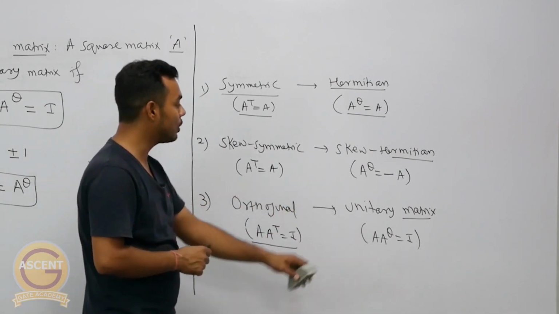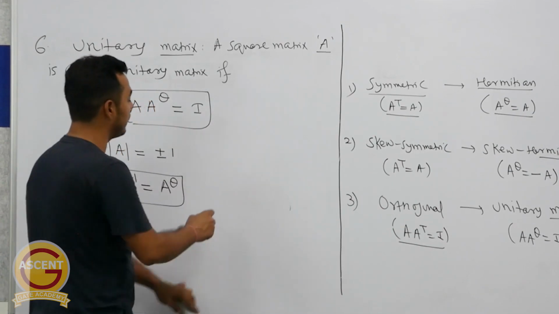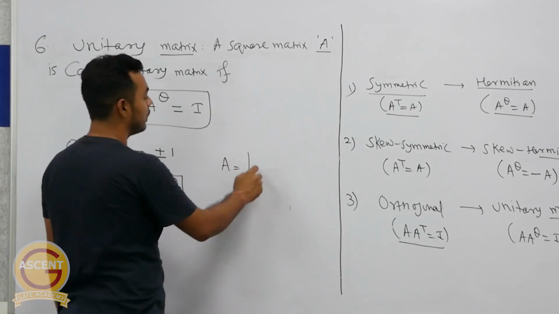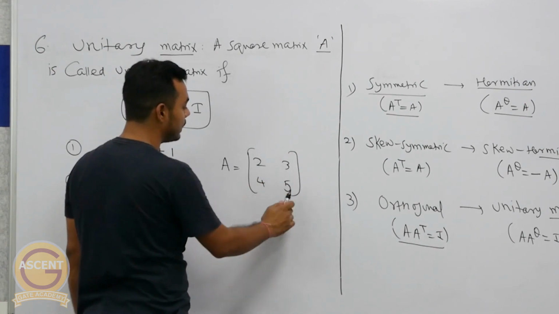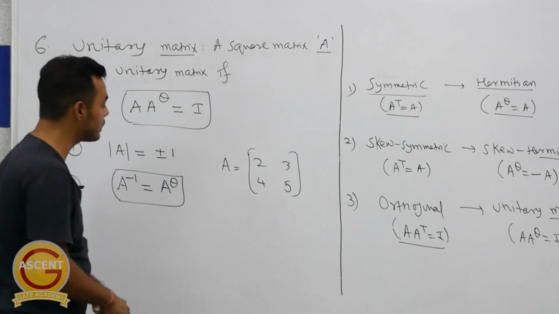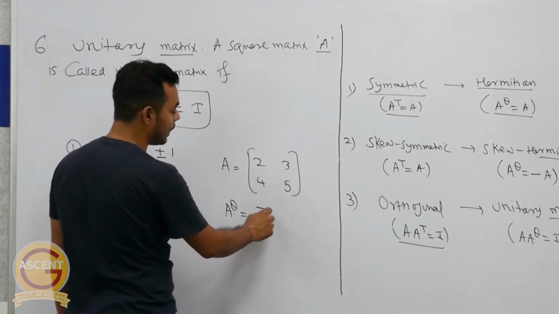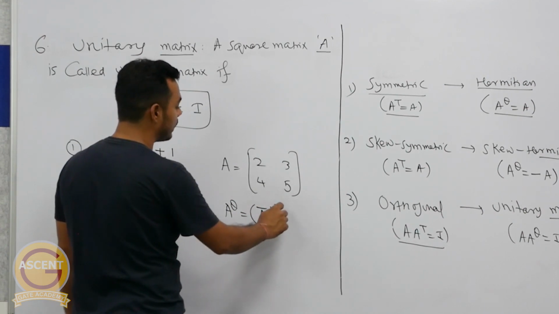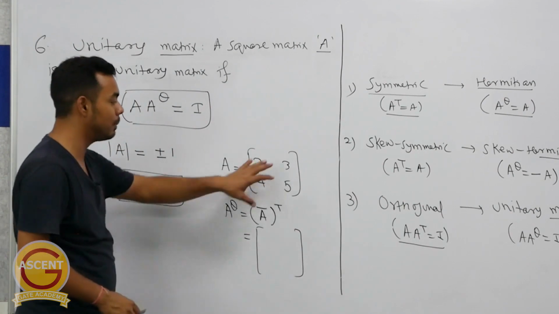See why I am talking about the real numbers, because if I have a matrix of real numbers, say a very simple example, 2, 3, 4, 5. If I ask you what will be the conjugate transpose of this matrix, A to the power theta, first you have to take the conjugate of each of the elements, and then you have to take the transpose. Since this matrix is of real numbers, the conjugate will be the same element.